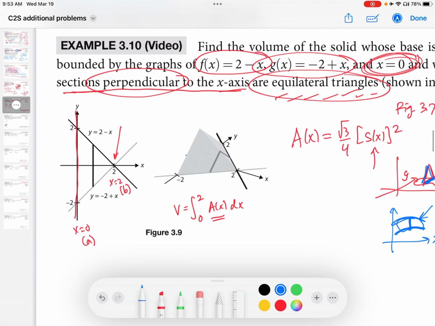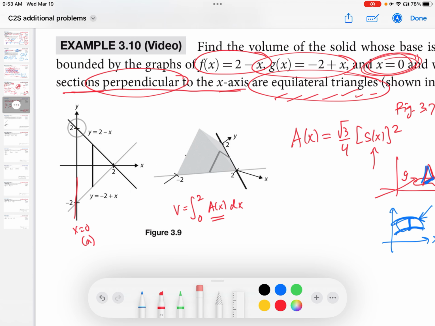So if we go back over here to our picture from figure 3.9, this is the infinitesimal rectangle that I've drawn here. If I'm looking for s of x, it is the height of this little rectangle. To find that, I have to take this y value and subtract this y value down here.